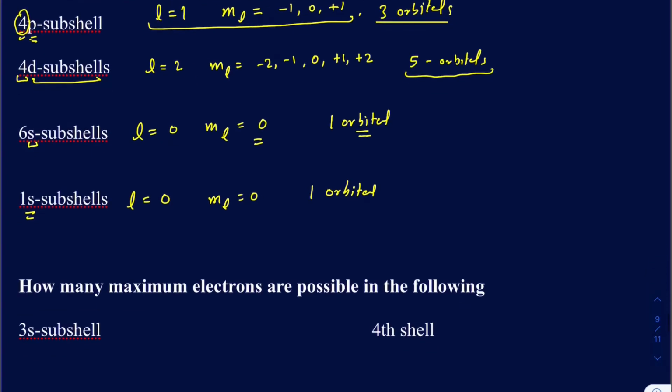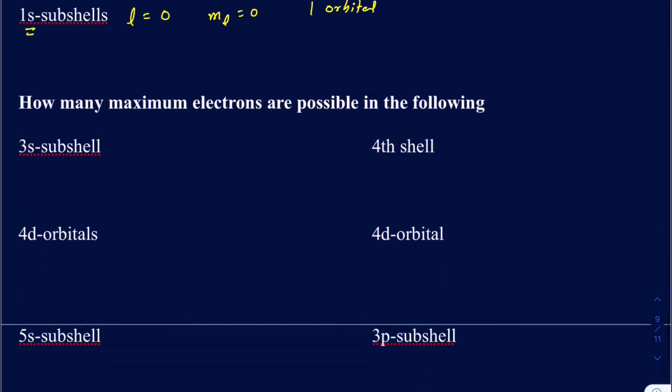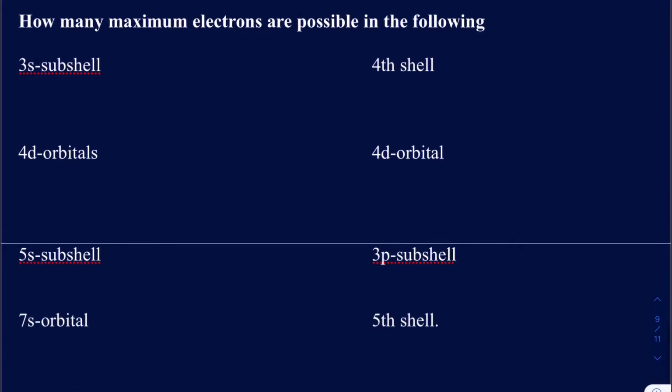Let's look at the third and probably the most common question, which is figuring out how many maximum electrons are going to be in different categories. And this question could be asked different ways, so you have to be careful with how the wording is for that particular question. Let's look at this first one. It says 3s subshell.